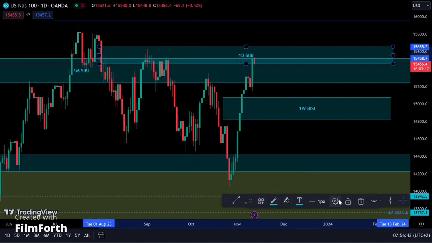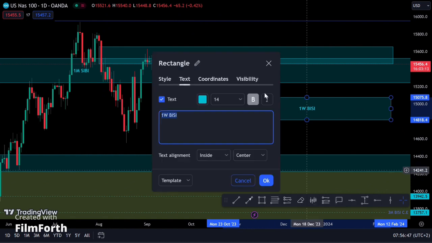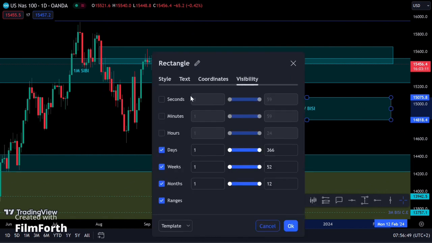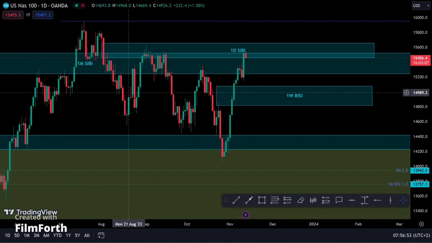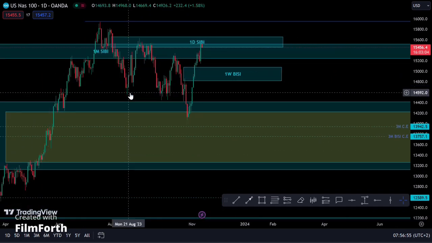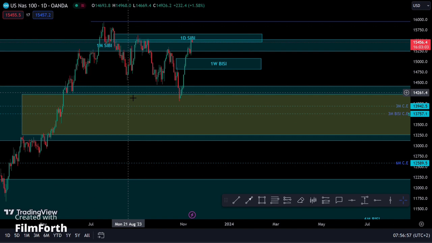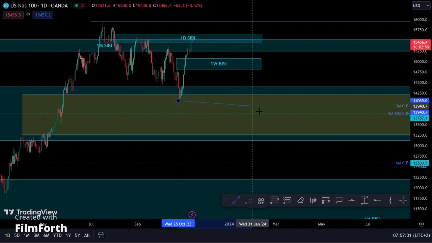So what I can do is, wait, what's the visibility of this area? Let me just fix it quickly. Okay, it's perfect. We are in our daily chart. Here's a low.